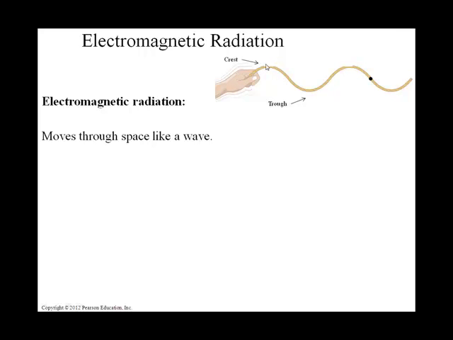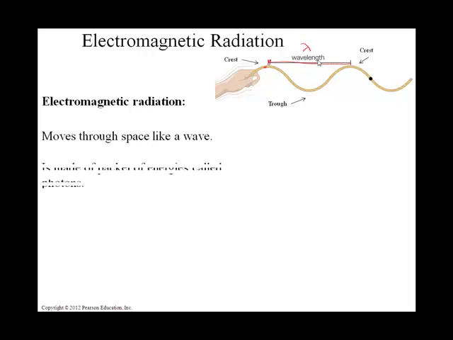We have the crest of a wave, and we have the trough of a wave. And I mentioned that we use the Greek letter lambda to tell what the wavelength is. So one of the things I want you to get a handle on is, like I said, that radio waves have a long wavelength and gamma rays have the shortest wavelength.